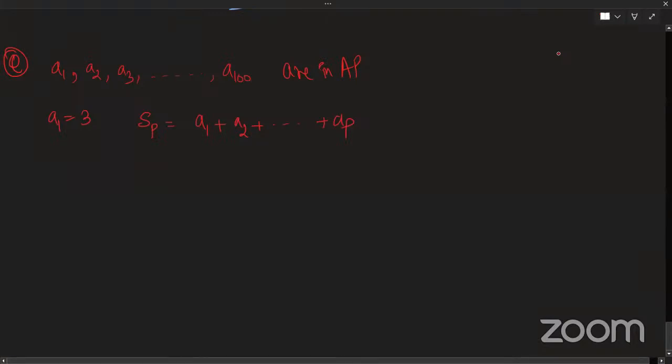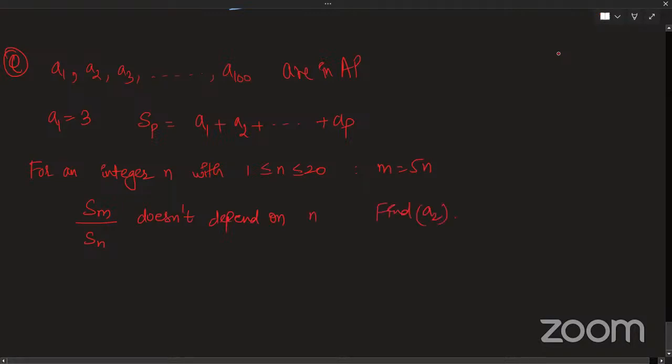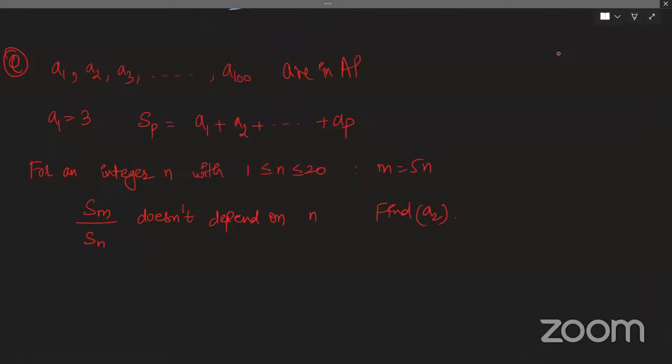So basically what is happening is, for an integer n between 1 and 20, m is 5n, and Sm by Sn doesn't depend on n. So it is asking me to find A2. Is there anyone who hasn't understood the question?